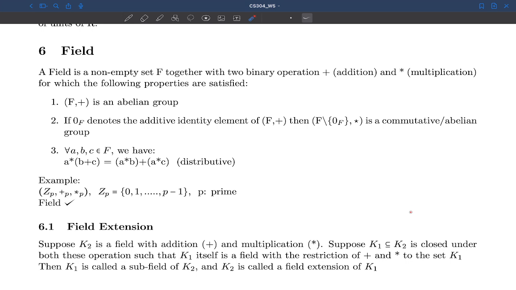The superset is called my extension field, and the smaller set, which is a part of this bigger set, is called a subfield. So it's just a fancy name for superset, superfield. This is my field extension, and this smaller set which is part of the bigger set is my subfield.